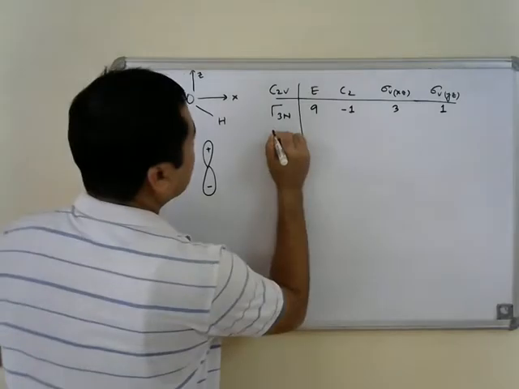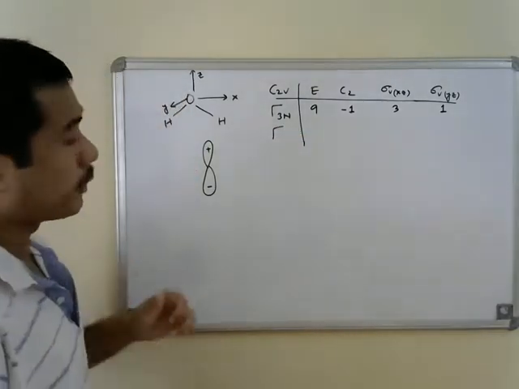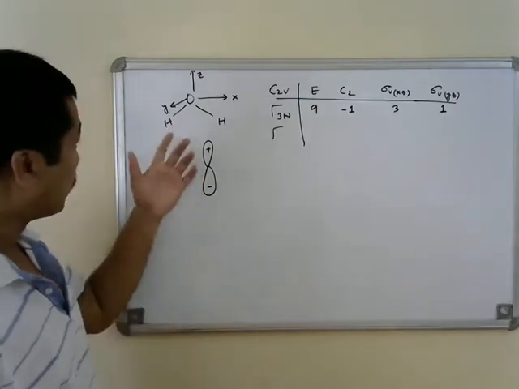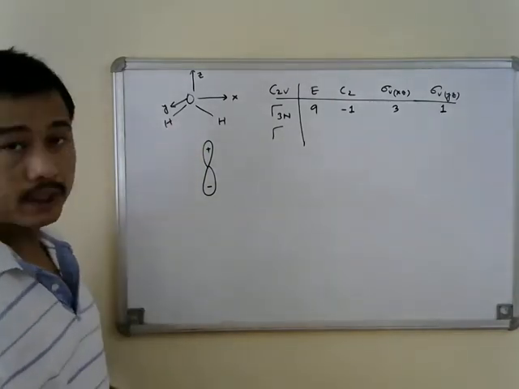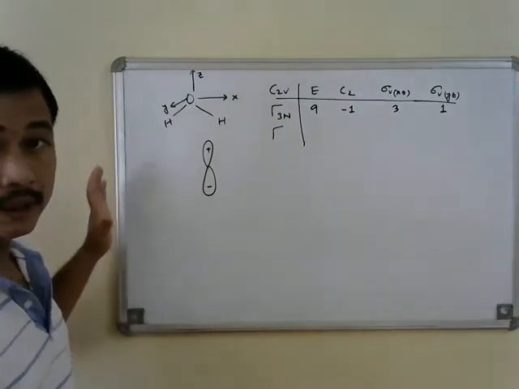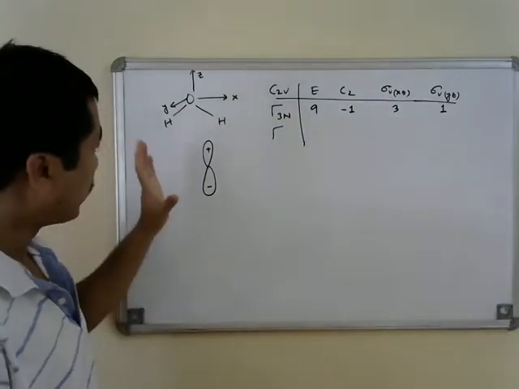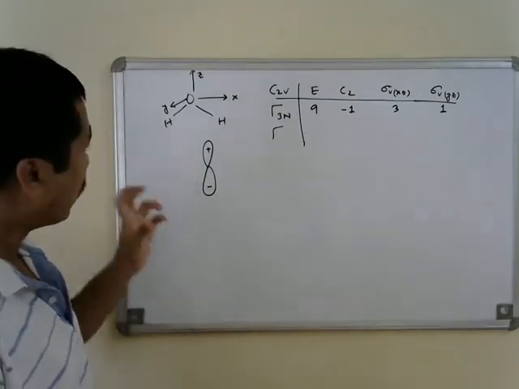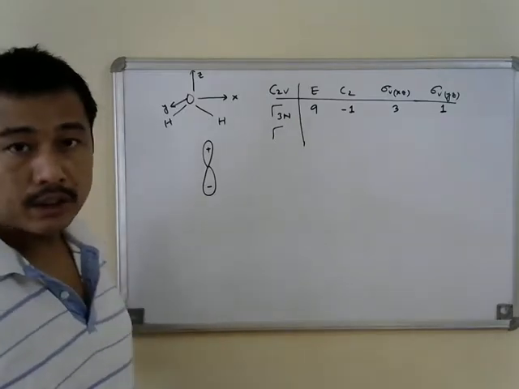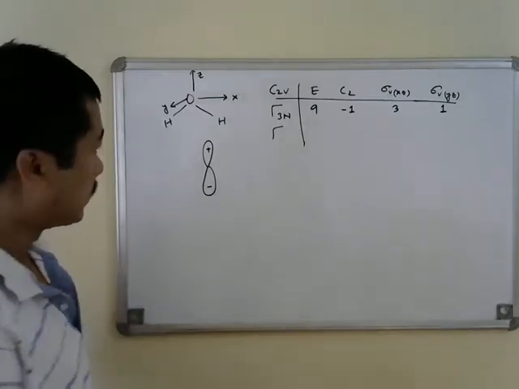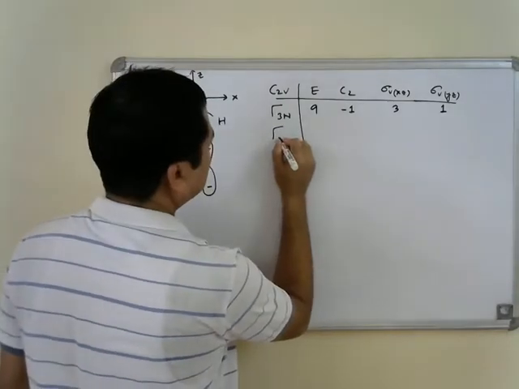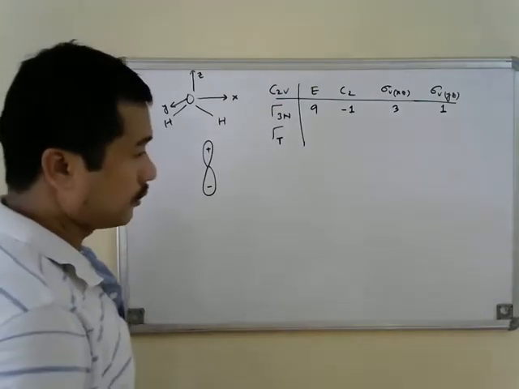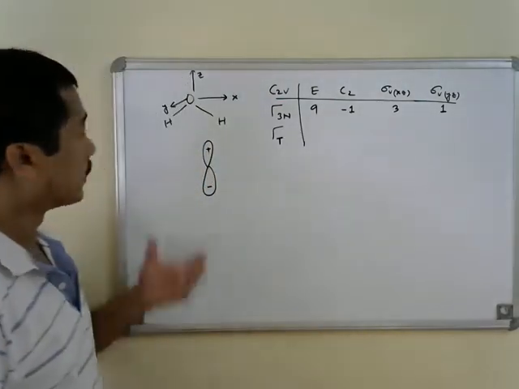So let's call this particular representation, that we get by using this basis, gamma T.